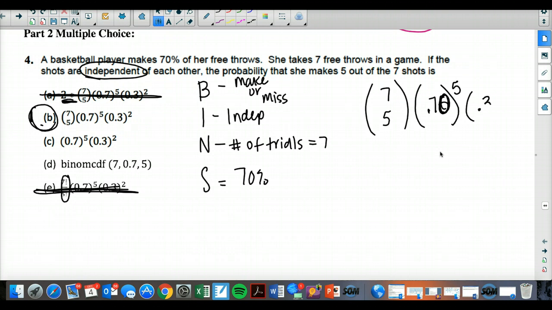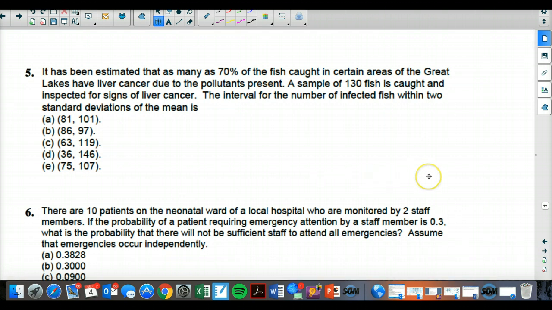And failure is 0.30 to the 2nd power, because the sum of these two must be your number of trials. I always look at that sum and I exclude the ones that have the wrong numbers there. Number 5, go for it.